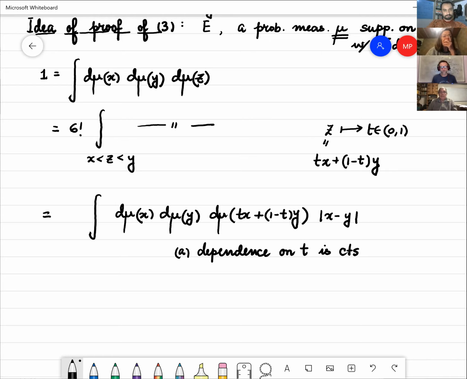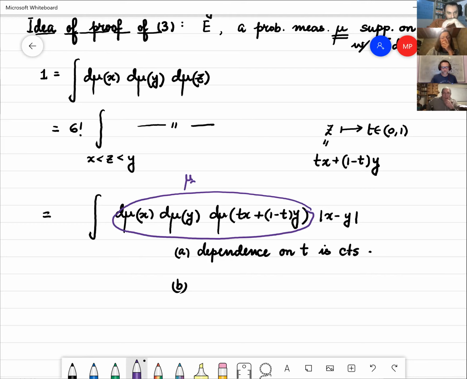So this needs a proof. And second, if you have a continuous function on t, so I'm going to write this in a cleaner way, let's say write it as functions, so this would be mu epsilon of x, mu epsilon of y, and then mu epsilon of tx plus (1 minus t)y.